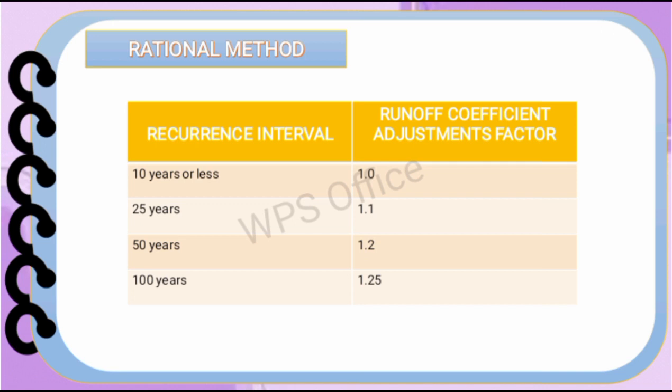Kaya sabi ko kanina, mostly di na ginagamit yung Cf kasi mapapansin nyo yung 10 years is equal to 1, which is imo-multiply naman siya, so mawawala din naman. Itong recurrence interval, ito yung binibigay natin na classification sa ulan, depende sa probability niyang mangyari. Palaki ng palaki yung recurrence interval mo, pababa ng pababa naman yung chance niya na mangyari taon-taon.